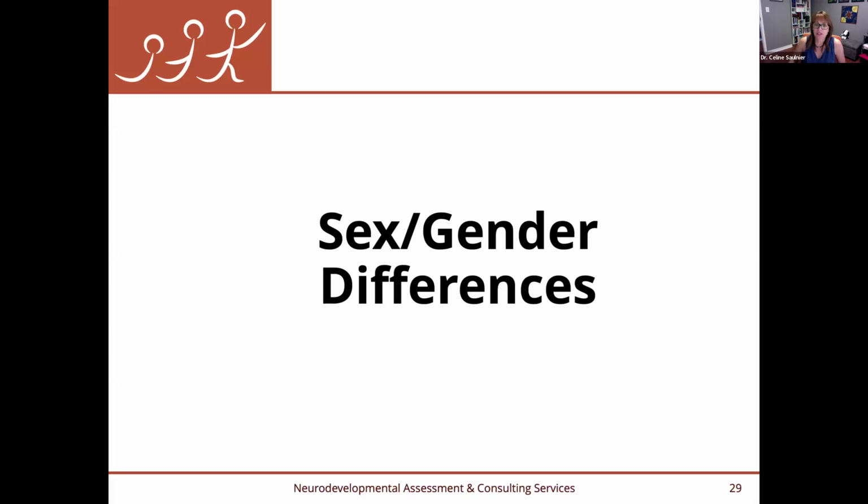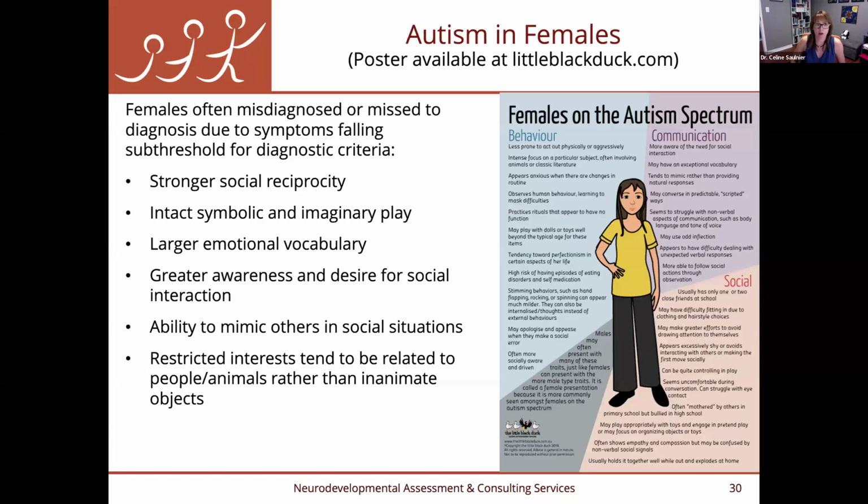Then going into sex and gender differences, that can also be really complicated. When we think historically about everything we know about autism, even the DSM criteria, it's all been created based on research on males, because historically we're looking at a disorder that's 4 to 5 times more prevalent in males. When you're in academia, those of you who do research, you understand this very well.